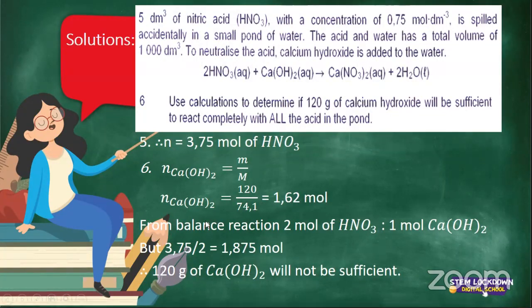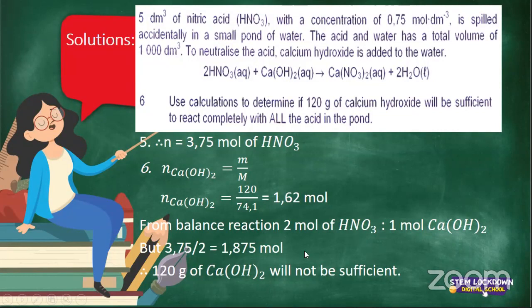Now, from the balanced reaction, 2 mole of an acid react with 1 mole of a base. So for the number of moles of an acid, you will need half of it for the base in order to neutralize the acid.